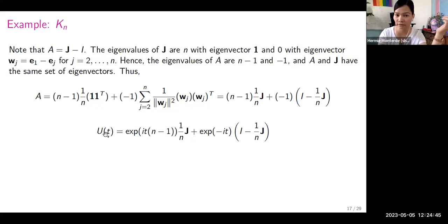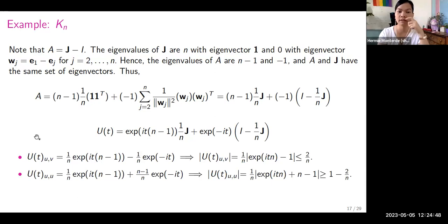And if you check the entries, we see here that if u and v are distinct, then the modulus of the uv entry of U(t) is bounded above by 2 over n.